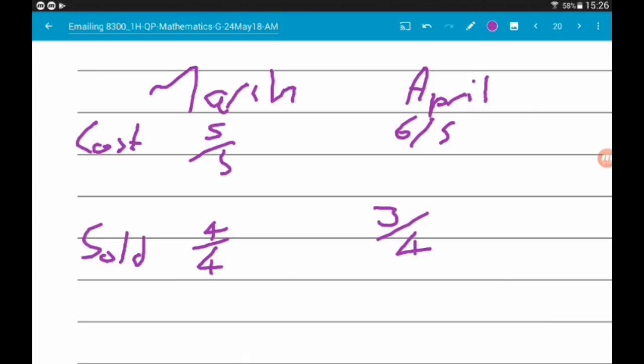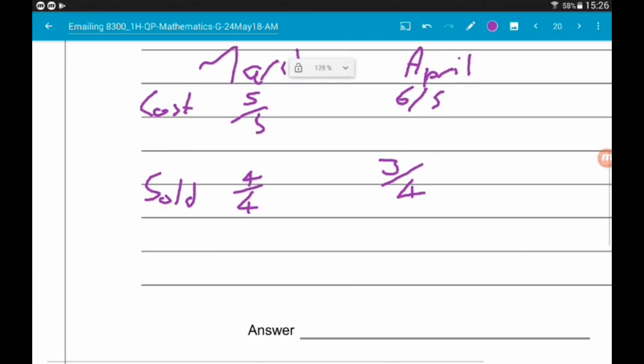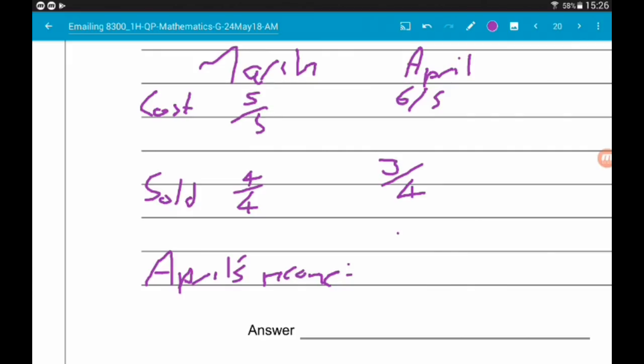So to work out the income in April, we do the fractional cost of a laptop, so we do 6/5 times the fraction sold, so times 3/4.